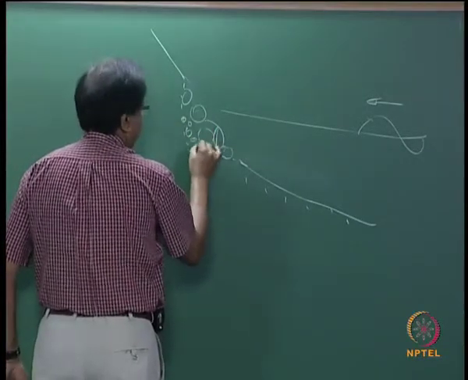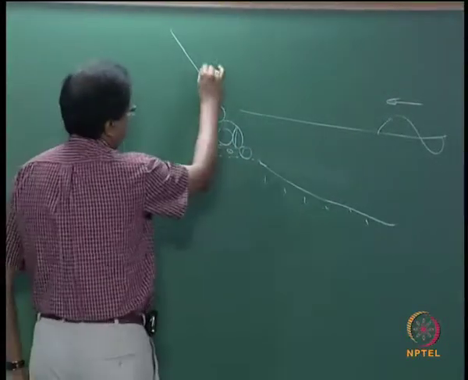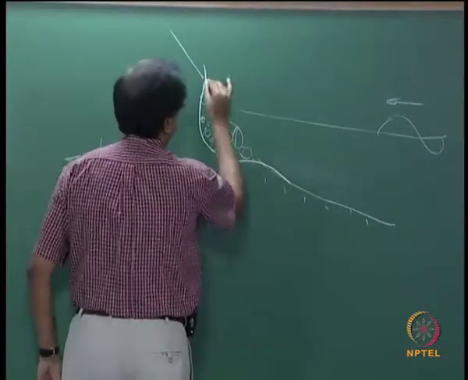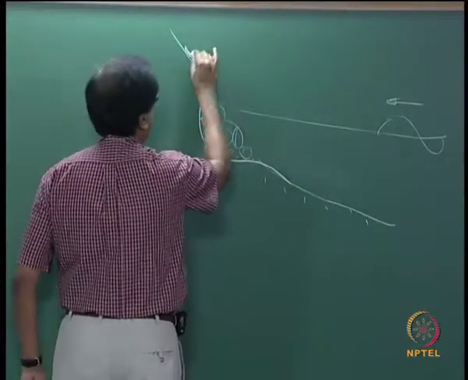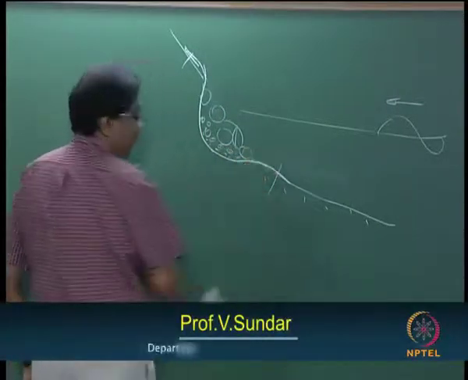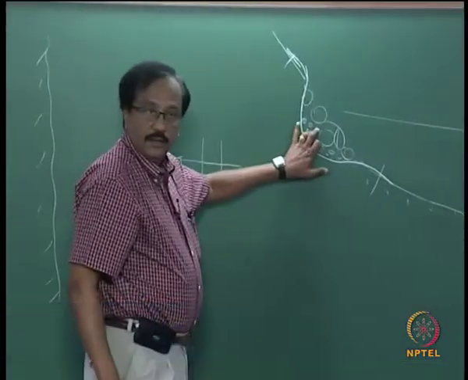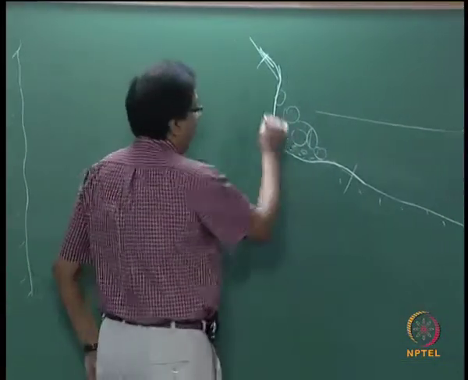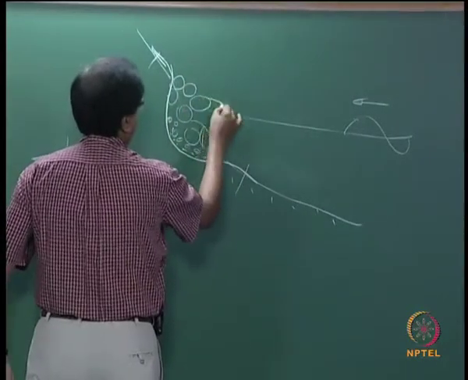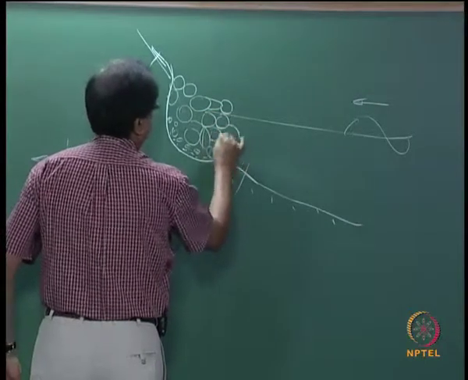First you initially have smaller size stones. Now these days we have what are called geotextiles, which can be run through and anchored properly, and then over which we can have the filter layer, and then we have the bigger stones, and we can also think of having a berm.